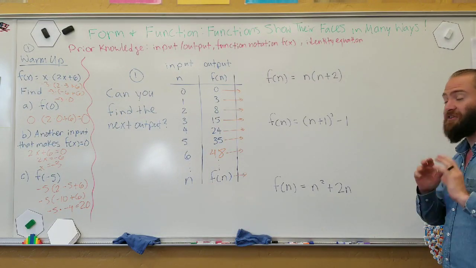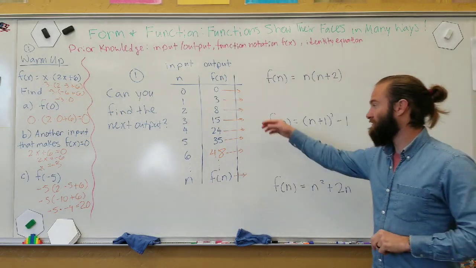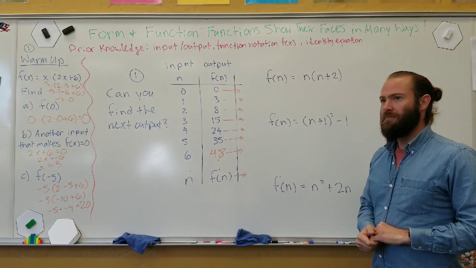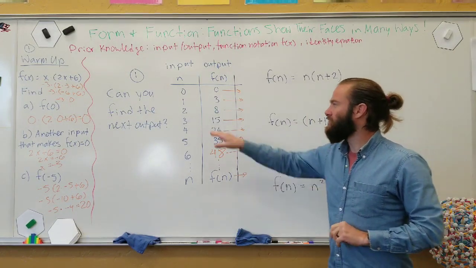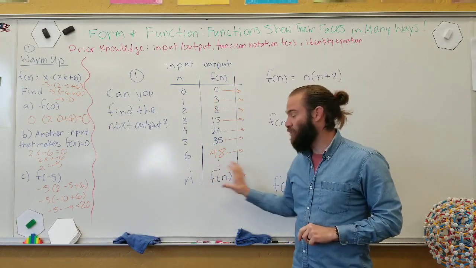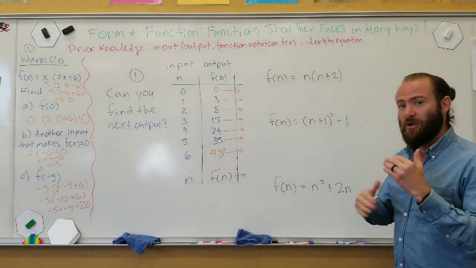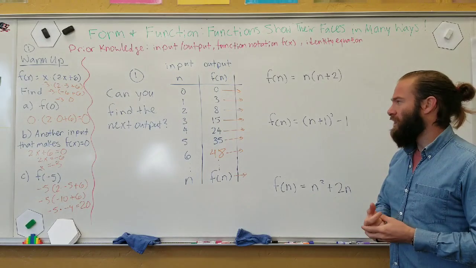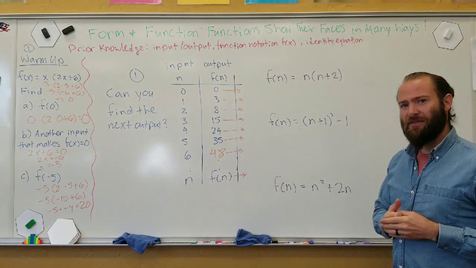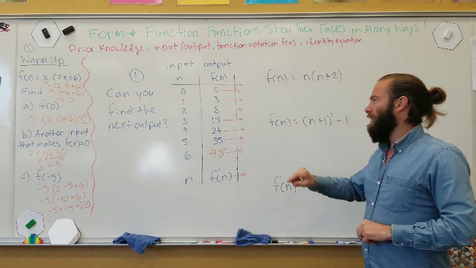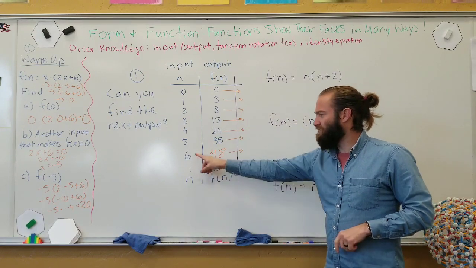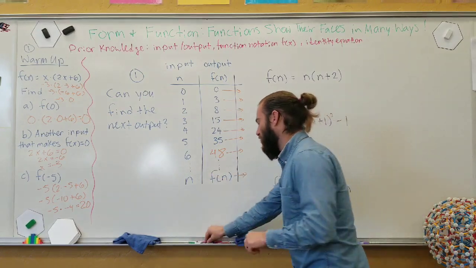Now, I know the very first way that we thought about to find the next output wasn't necessarily based on using the input itself, like in a way we could make a formula right now. And it's a great way to notice patterns, but think about the banquet table problem: what if I asked you to find f of 100?